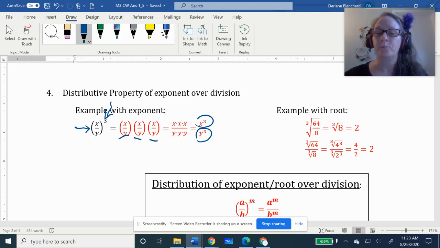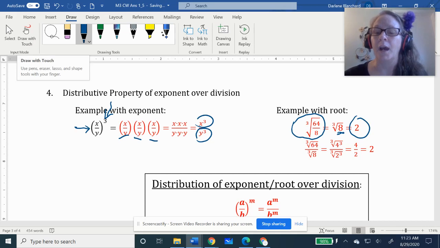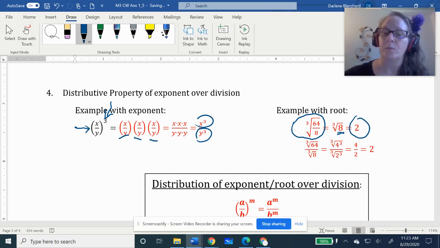Distributive property of root over division, I have an example right here. 64 divided by 8 is 8. The cube root of 8 is 2. I could also distribute that cube root over the division so that I first cube root each individual number.